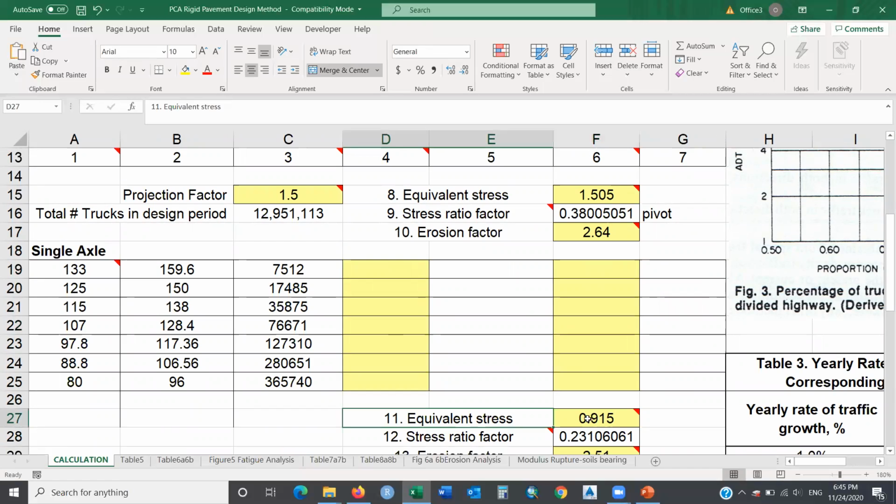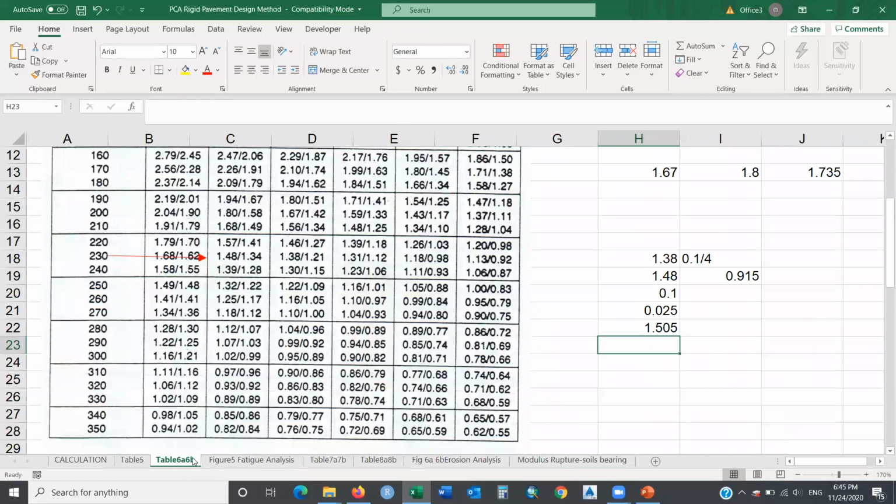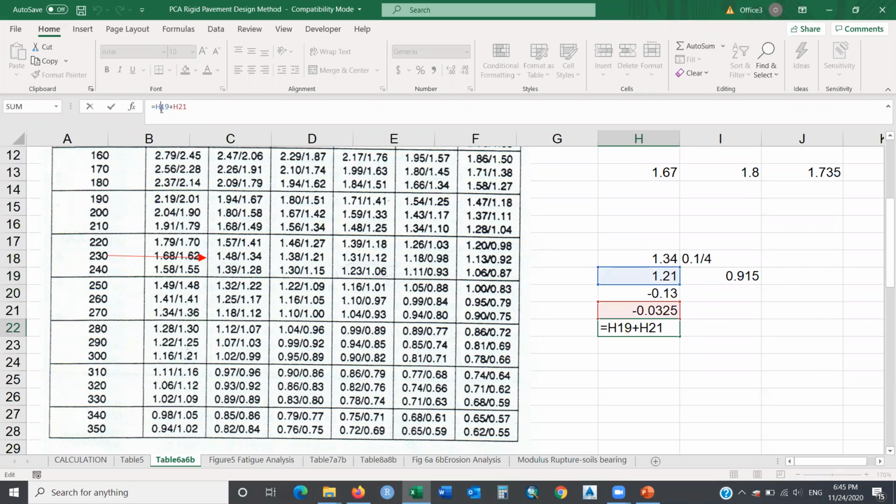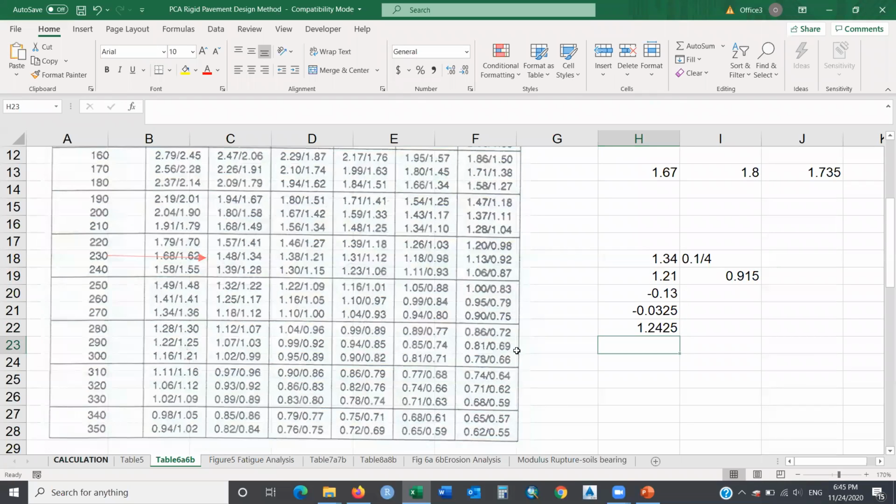And for tandem equivalent stress, somewhere between 121 and 134. So I am in 124.25.